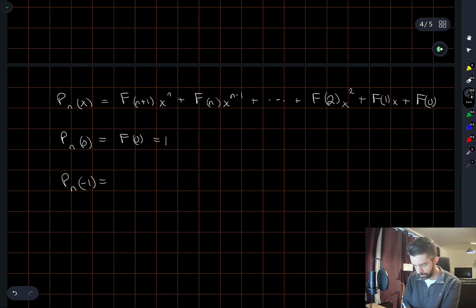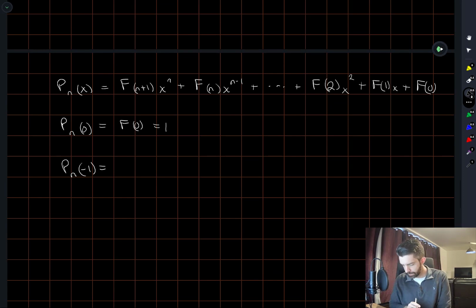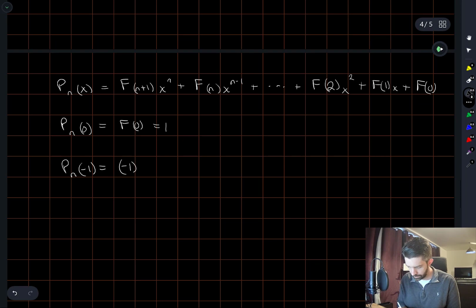Pn of negative 1, well, this depends on whether n is even or odd, right? If n is odd, yeah, so we get negative 1. Oh, of course, we just get negative 1 to the n of fn plus 1 plus negative 1 to the n minus 1 of fn.